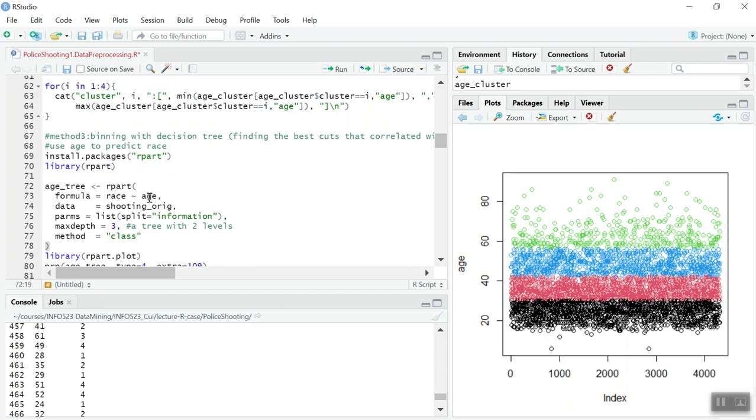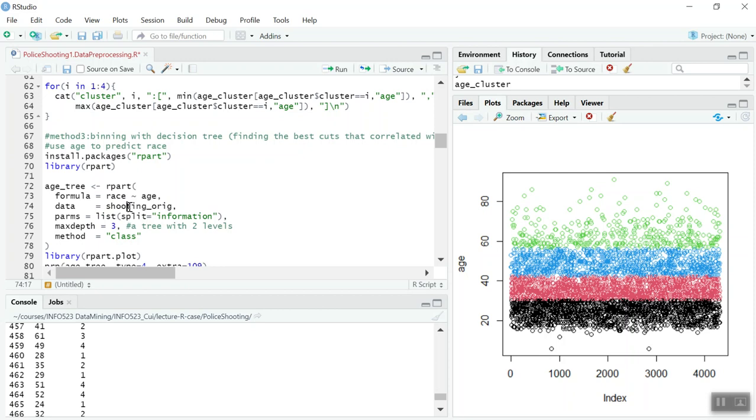We want to see whether age gives us information to predict the race of the victim. By using this, we use the class label race to try to bin age so that the correlation between age and the race label is going to be stronger.